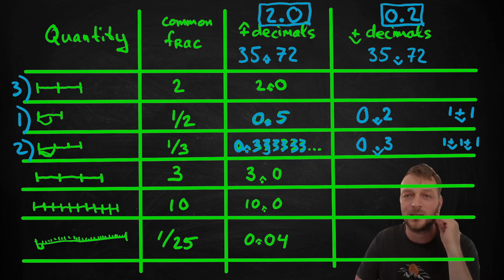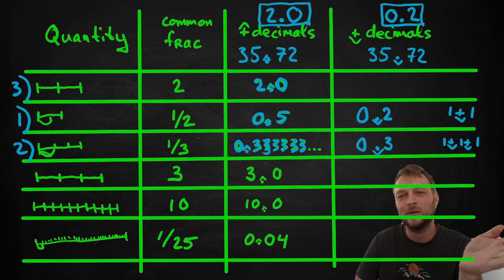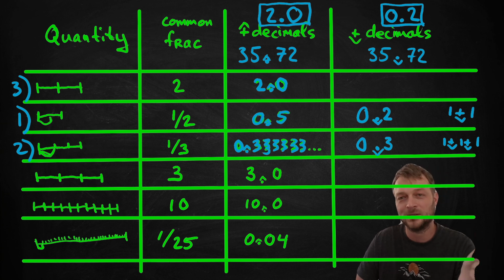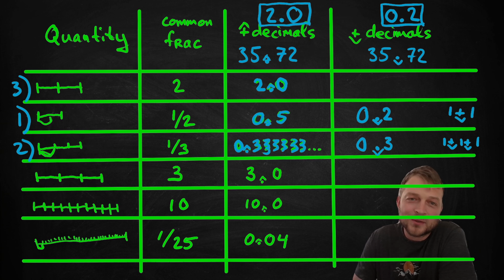2 is represented in decimal notation as 2.0. I'm putting the dot and 0 here just to differentiate between fraction and decimal representation. Notice here something interesting. When we represent 2, it's very similar to 2, 2 and 2 here and here. When we represent 1/2, suddenly we get 0.5.